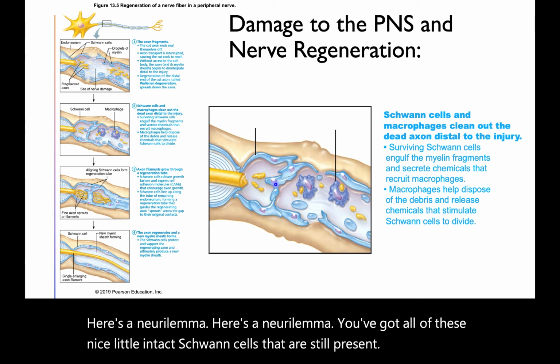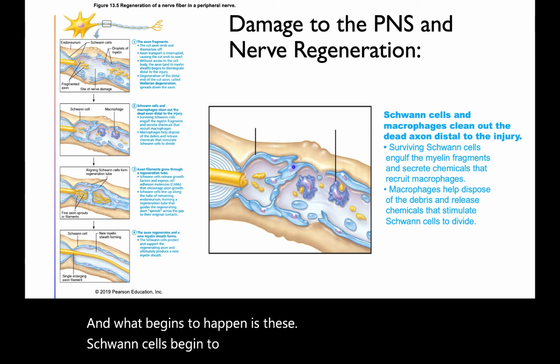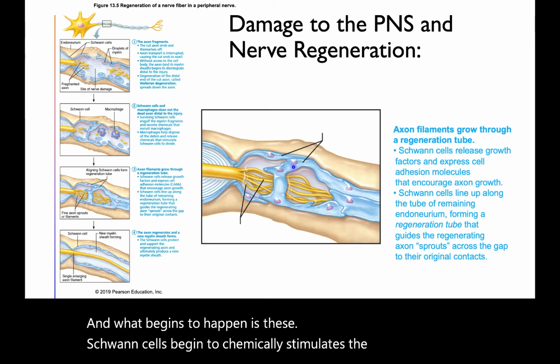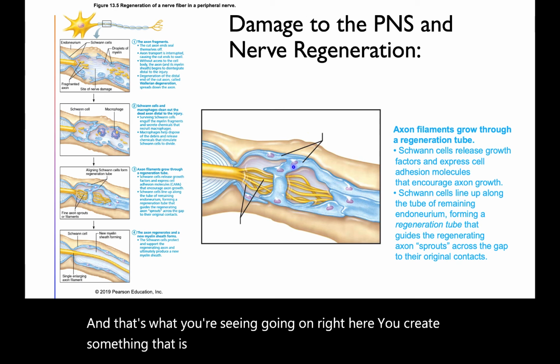And what begins to happen is these Schwann cells begin to chemically stimulate the area around it. And that's what you're seeing going on right here. You create something that is referred to as a neural tube, or a neural regeneration tube.